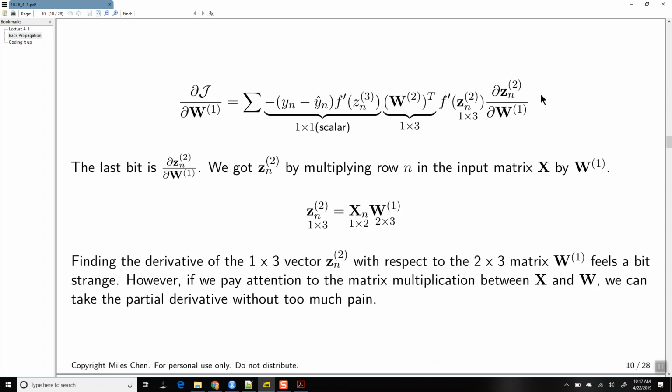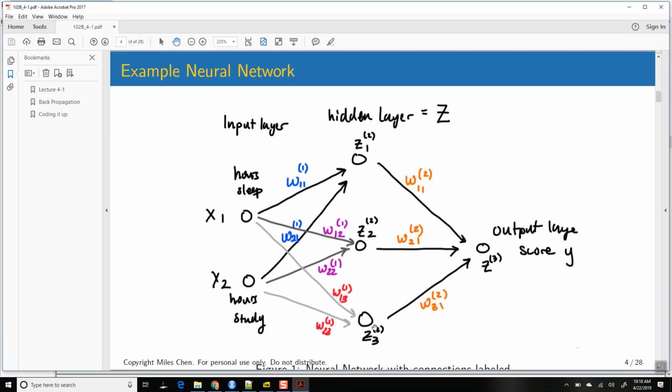And now we need the partial of Zn with respect to W1. So we have Zn2 with respect to W1. Again, if we look at our matrix, when I pass in one observation, which is 1 row, 2 columns, and I multiply it by our W matrix, which is 2 by 3, I'm going to get a 1 by 3 matrix.